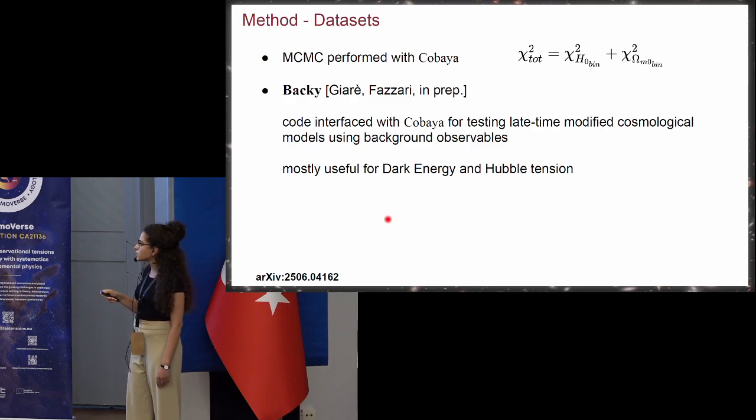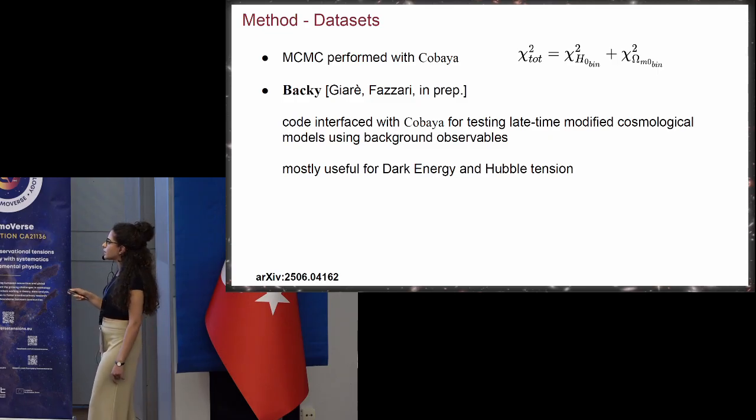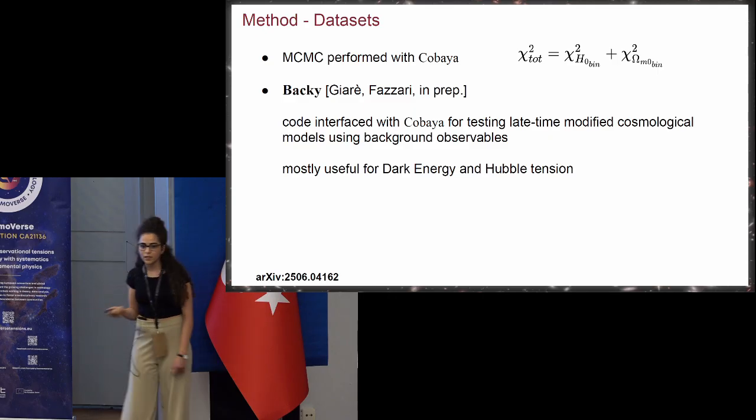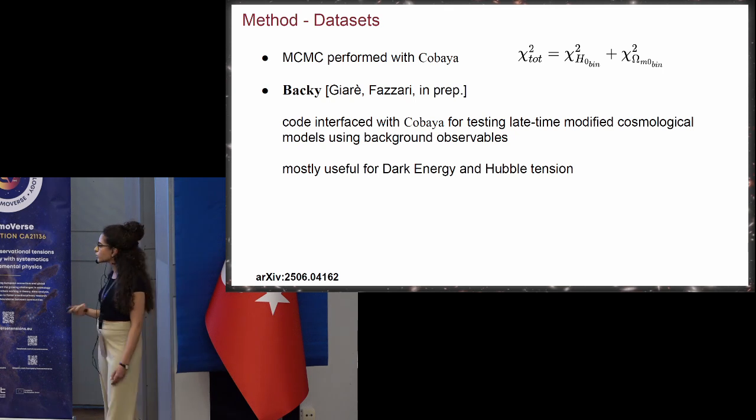In particular, we used a new code that is in preparation, developed with William and Jerry, and it is particularly useful to test late-time modified cosmological models, in particular for dark energy and the Hubble tension.